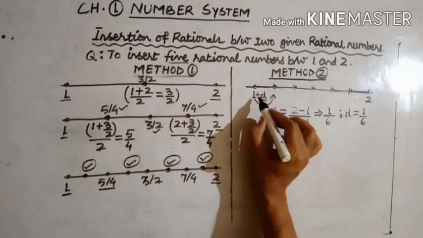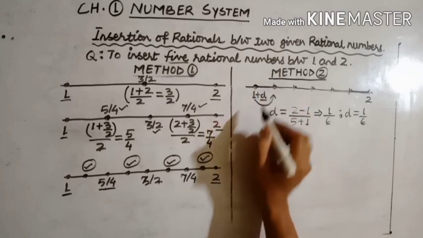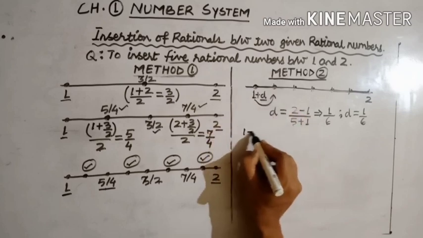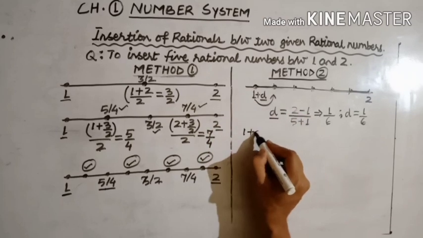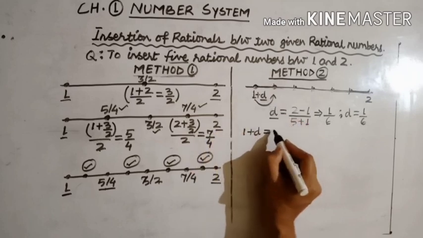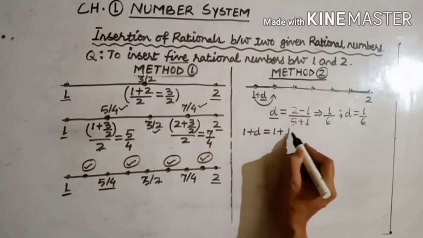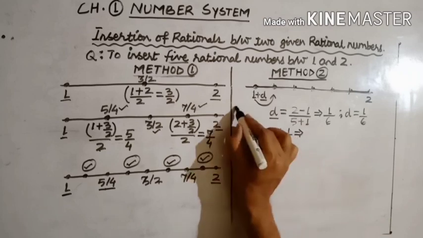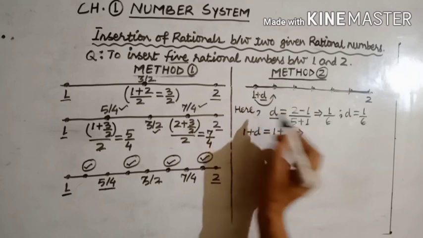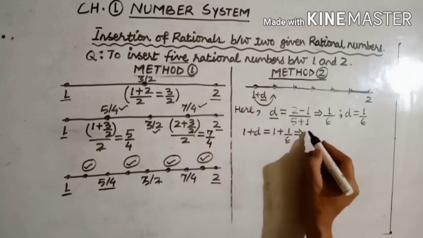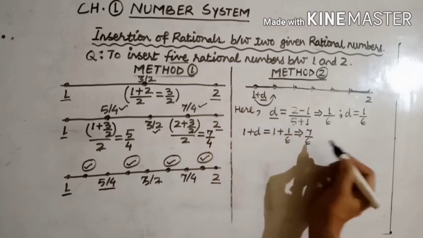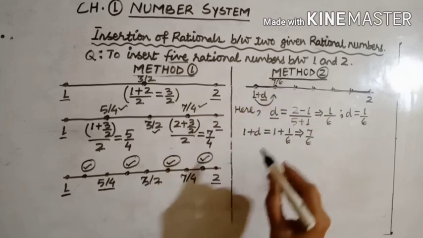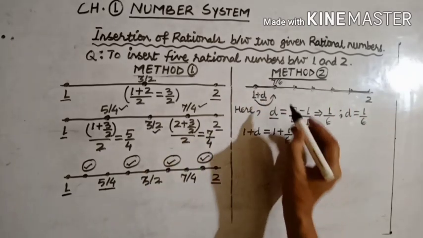Now in order to have the first rational number after 1, we add this D to 1. So it becomes 1 plus 1 by 6 equals 6 ones are 6 plus 1, 7 upon 6. So that's the first rational number between 1 and 2.